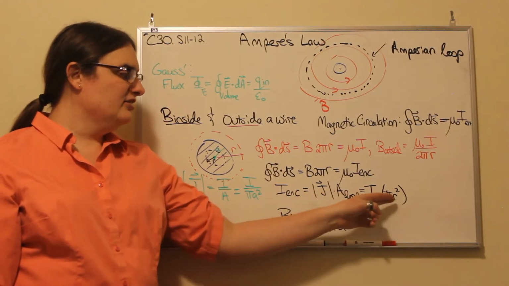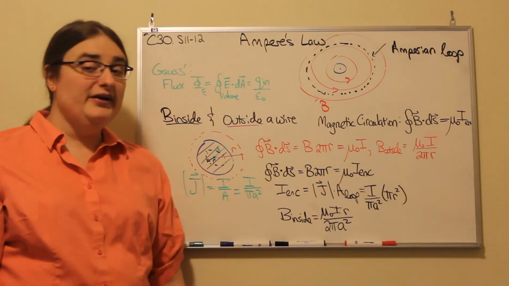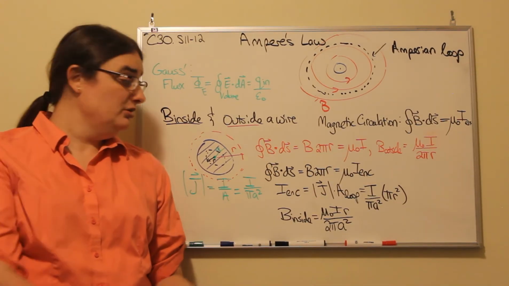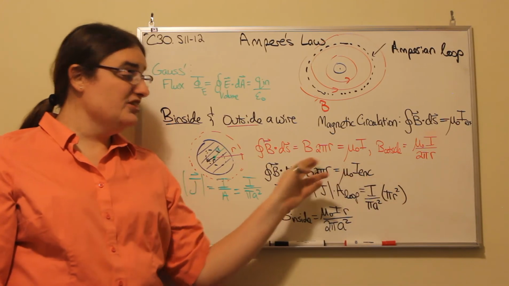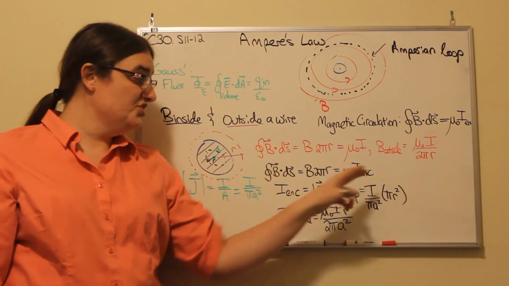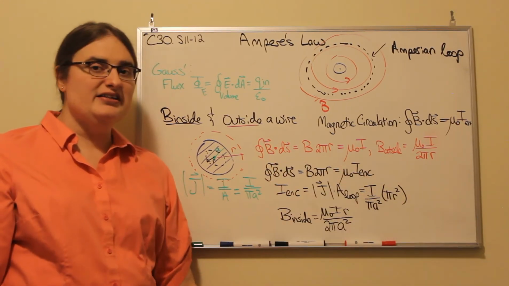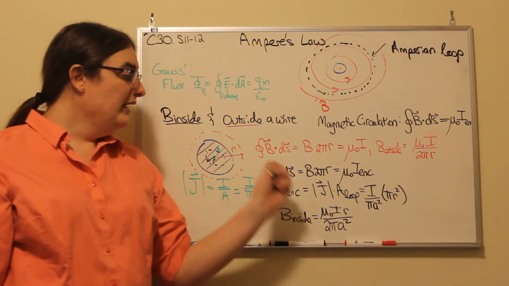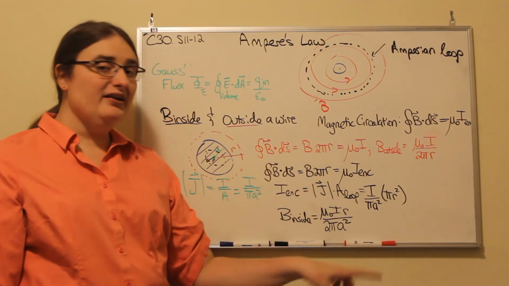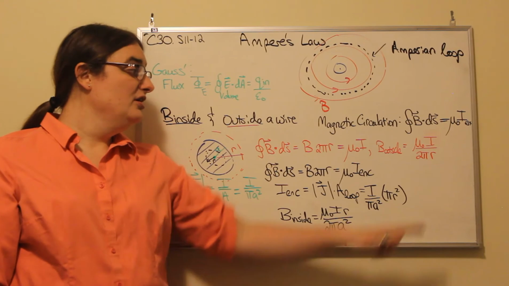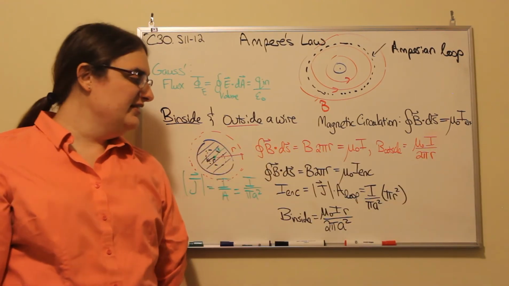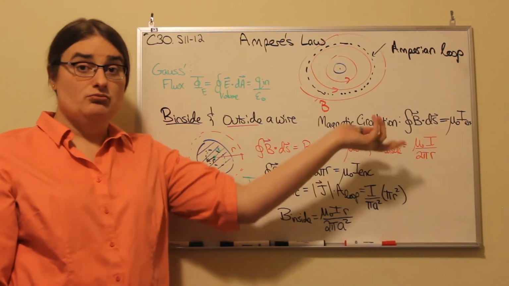Well, if I set my enclosed current, plug it into this top equation, I have a radius that shows up on both sides of the equation. So that factor of the radius cancels out. And what we're left with is a magnetic field that depends on radius, but instead of being 1 over the radius, it's going to go like the radius.